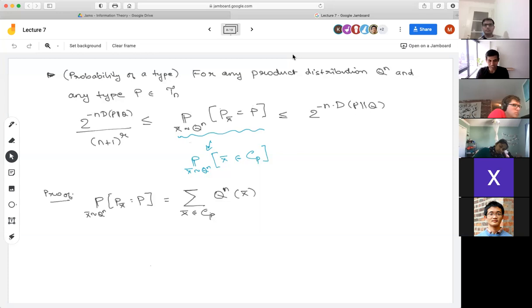And maybe this is already starting to look a little bit like the kind of Chernoff bounds we talked about, but we'll say a little more about this in a bit. Here, Q is arbitrary, P is a type, and we are just trying to see what is the chance that the type of the sample is equal to P. The computation is relatively straightforward based on what we just said.